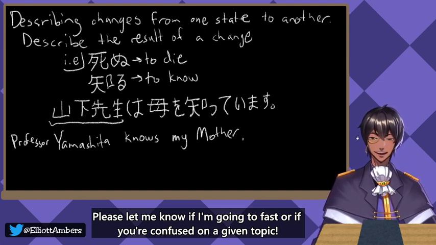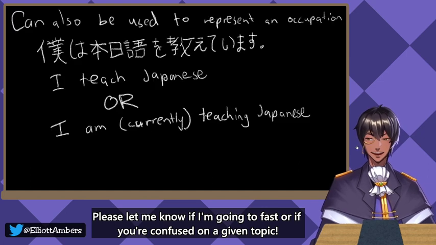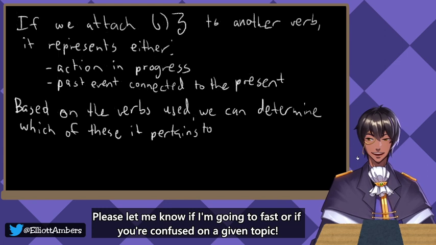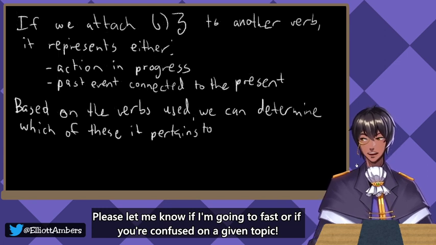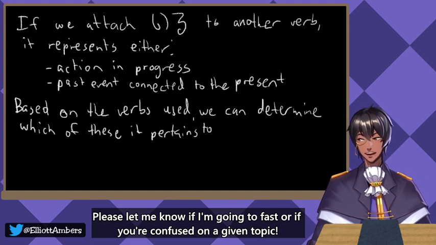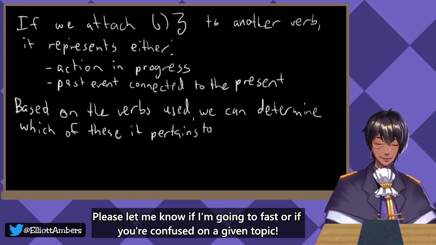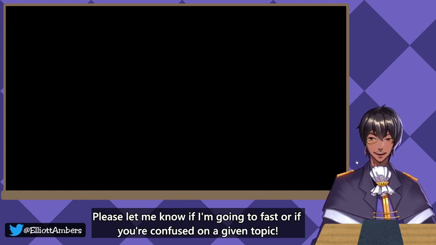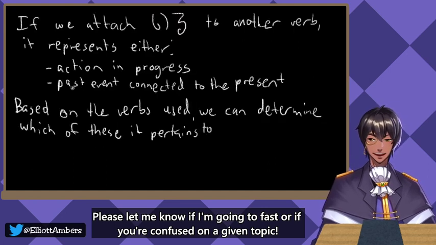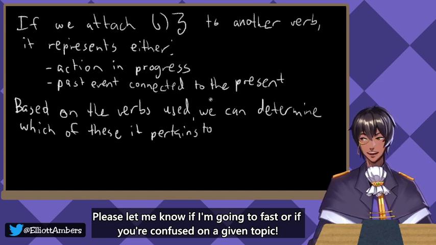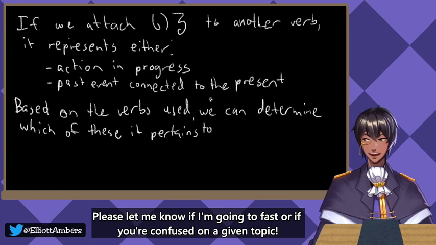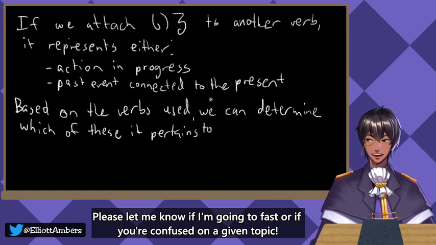That's really the main concept to take with these verbs. That it represents that state of being, that you are in the process of doing something, that it is something that you are, that you know, that you are, that you have, that you're doing. It represents actions in progress or past events connected to the present. Because if he had met your mother before, that means that he knows your mother.